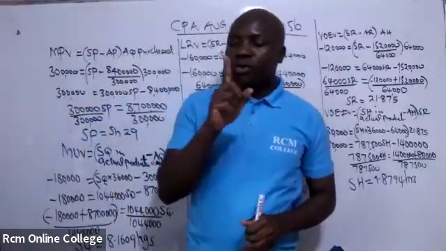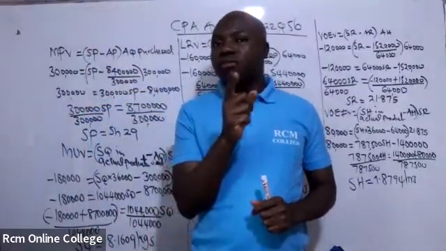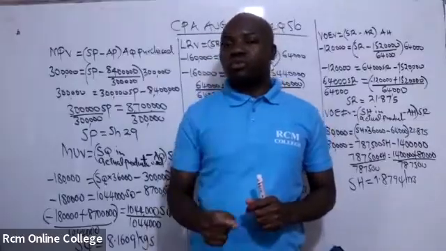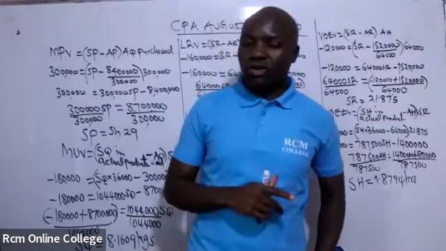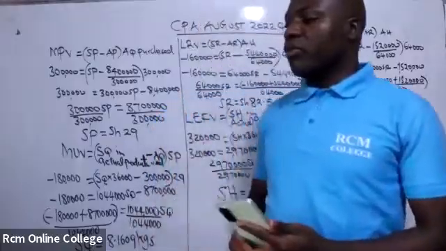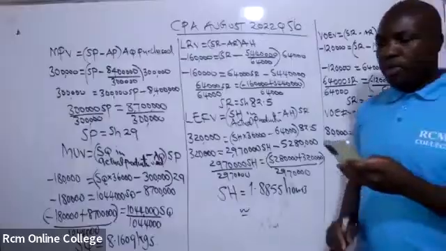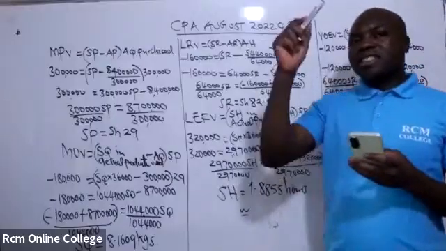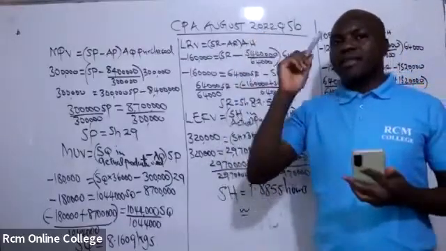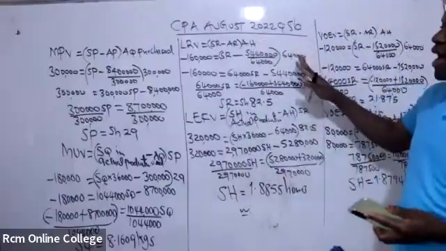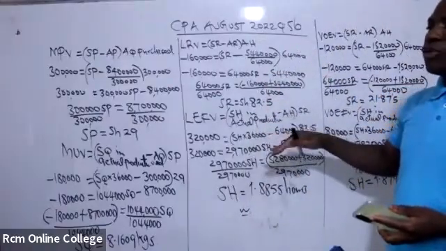Remember, we have not answered the question. What are we required to do? Please read it again on your own. Somebody might assume we have answered the question. No, we have not. Required: standard cost card. What we have here are components of the standard cost card.